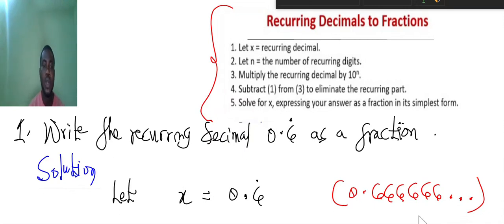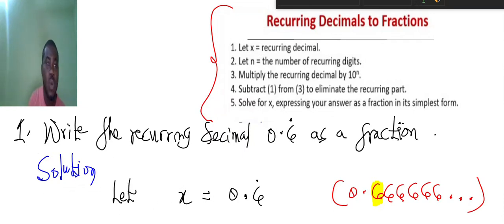Very good. Now the next thing is to determine the number of recurring digits. How many recurring digits do we have? Only one recurring digit. Notice it's only this 6 that keeps recurring. So only one recurring digit, 6.